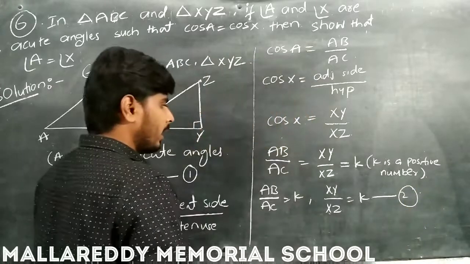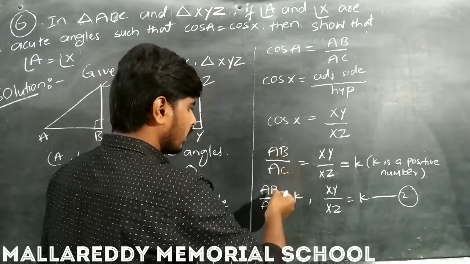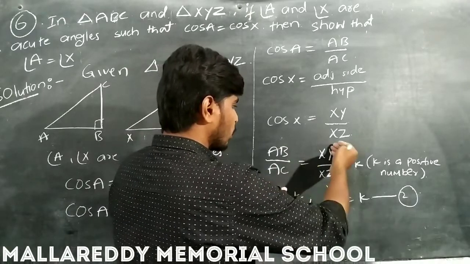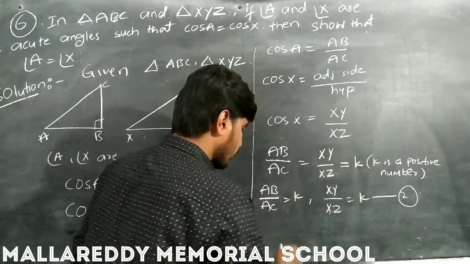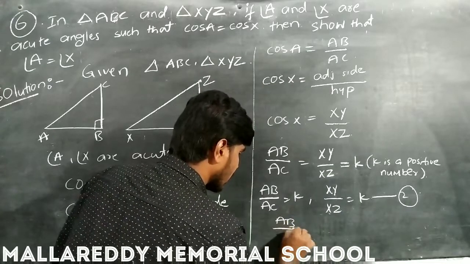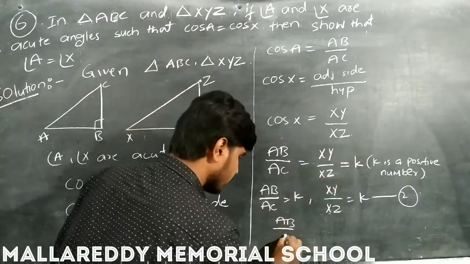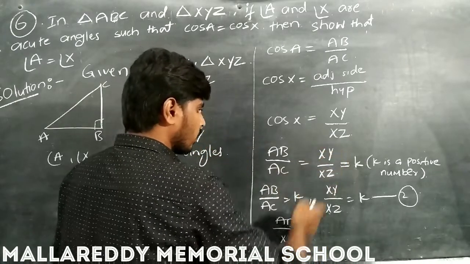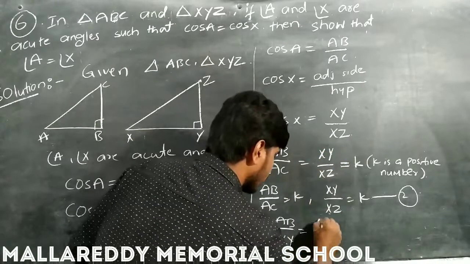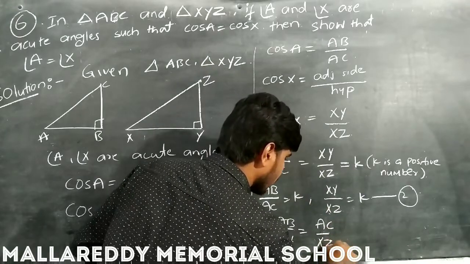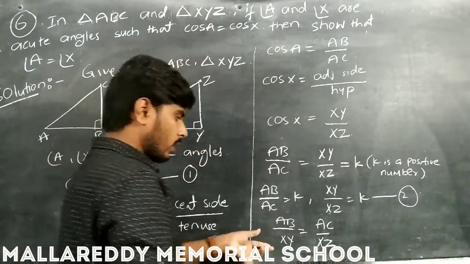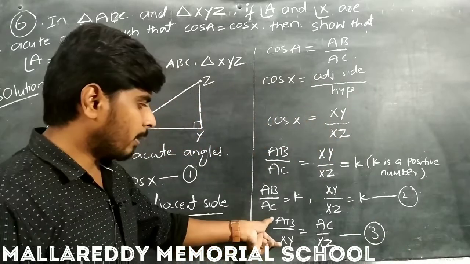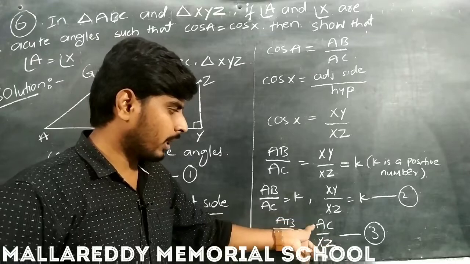Next, in AB by AC, AC is taken as numerator to the right side, so AB by XY equals AC by XZ. Consider it equation 3: AB by XY equals AC by XZ.